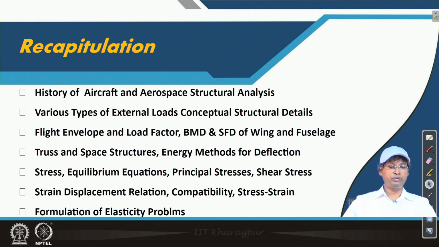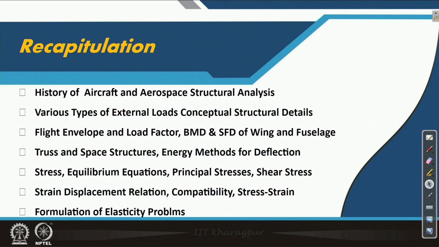From there we went to the various types of external loads encountered by an aircraft, and then we came across the conceptual details of aircraft structures, which we saw with different diagrams: internals of ribs, frames, and spar.